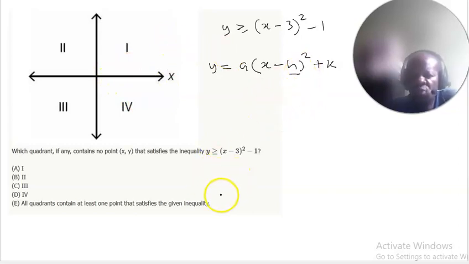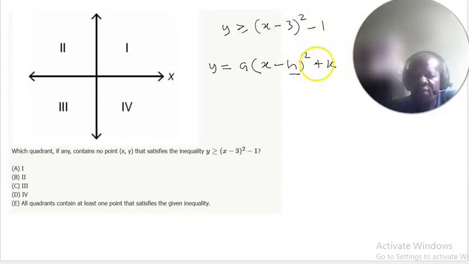So this particular parabola will have a minimum point. At that turning point, the x coordinate is what h represents. The y coordinate, which is the minimum point, is what k represents.